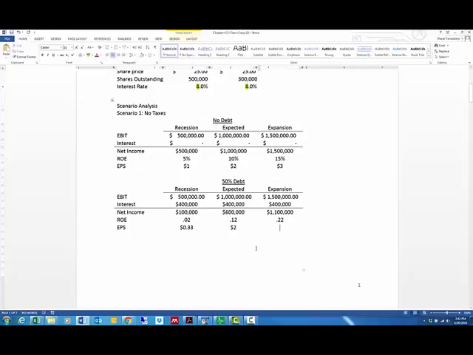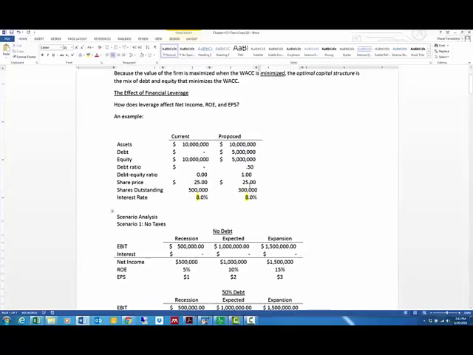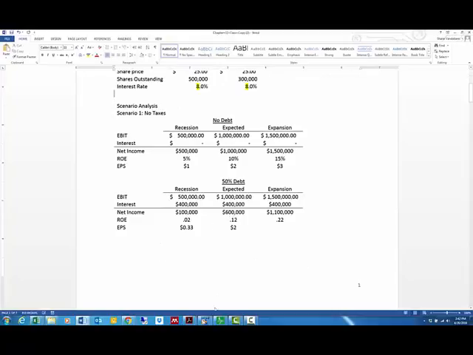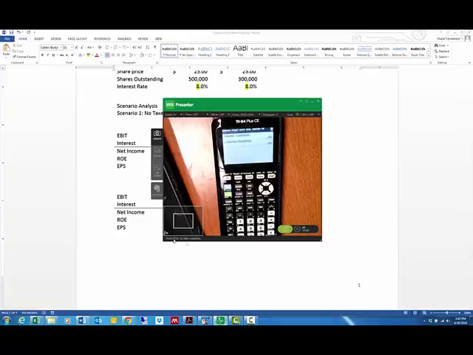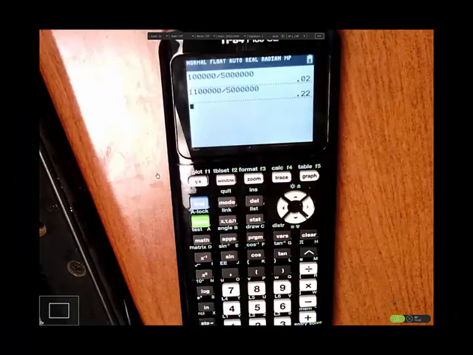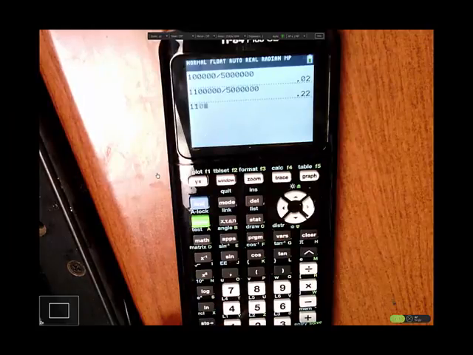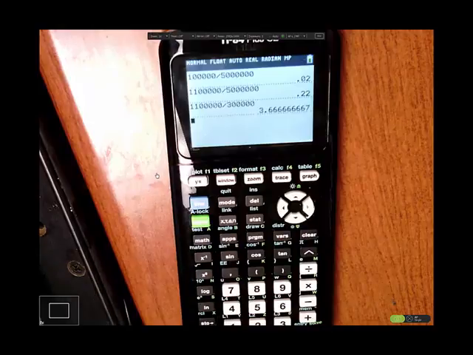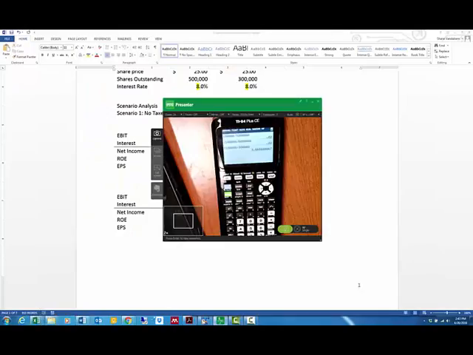And in the final case, it will be the 1.1 million divided by the 300,000 shares, which is equal to $3.67 per share.